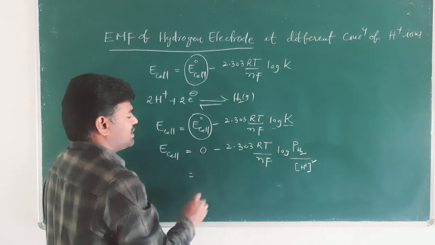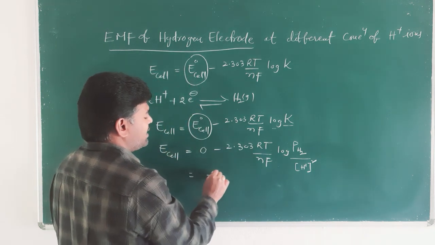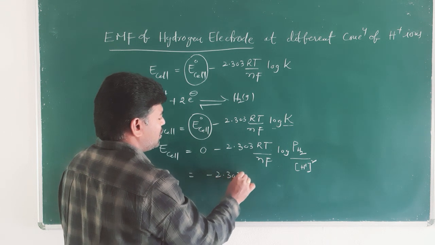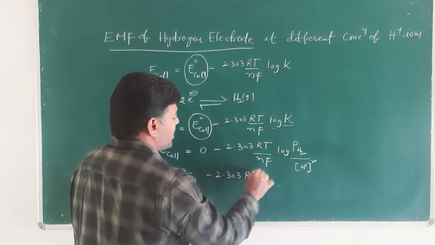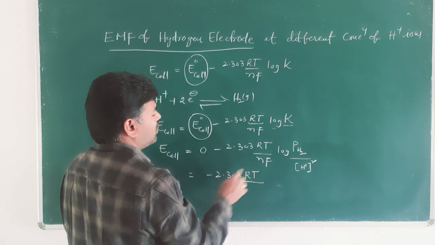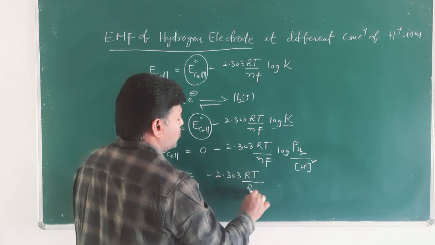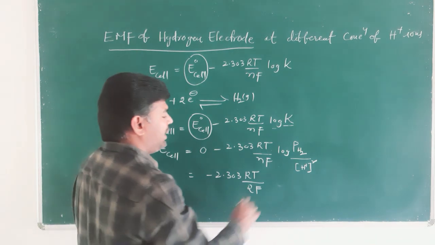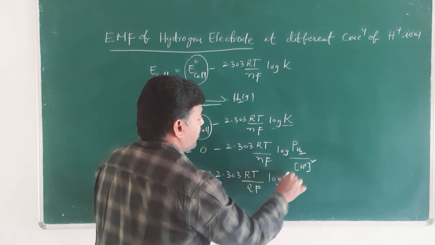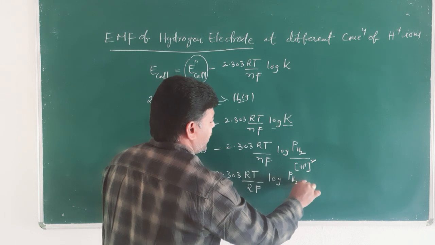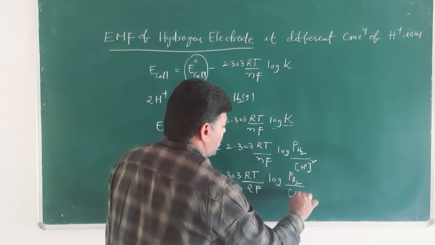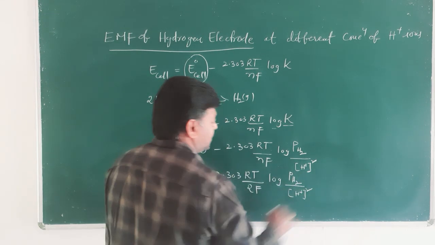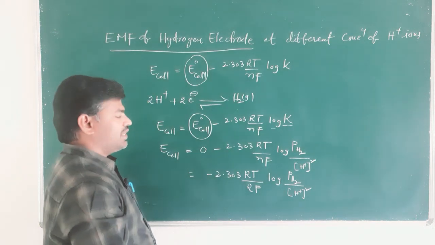So, E is equal to minus 2.303 RT by 2F, where the number of electrons transferred is 2, and log partial pressure of H2 by concentration of H plus square, right.